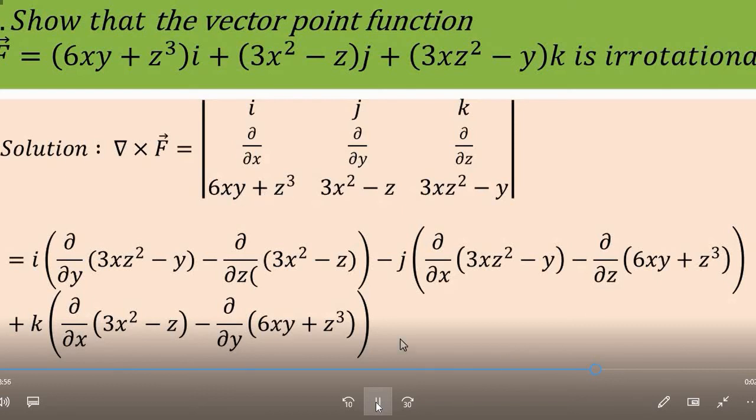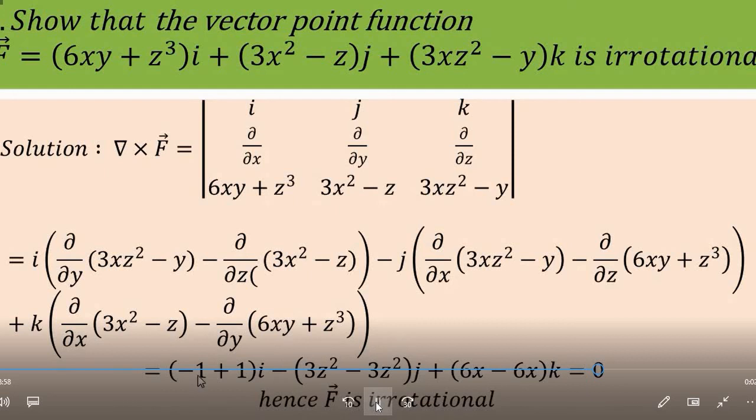So simplifying this we get (minus 1 plus 1) into i minus 3z square into j plus (6x minus 6x) into k. That is equal to 0. Therefore f is irrotational. When we get curl f equal to 0, then the given vector will be irrotational.